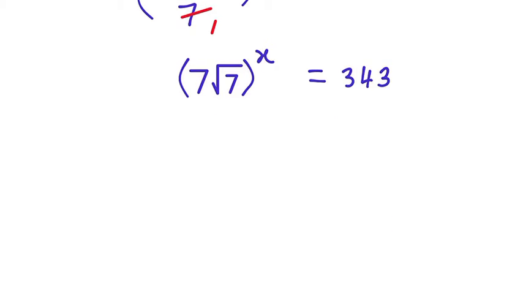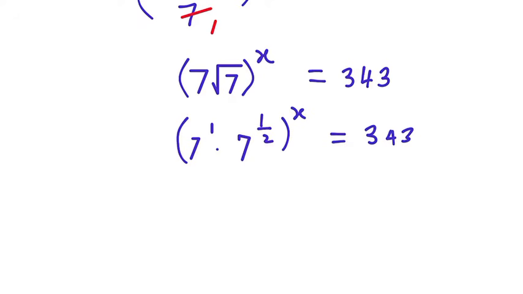I'm going to rewrite this as 7 to the power of 1 multiplied by 7, the root will turn to the power of 1 over 2, then to the power of x equals 343.